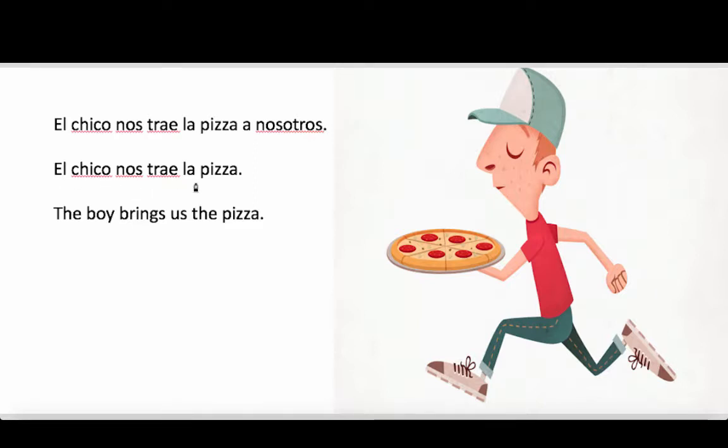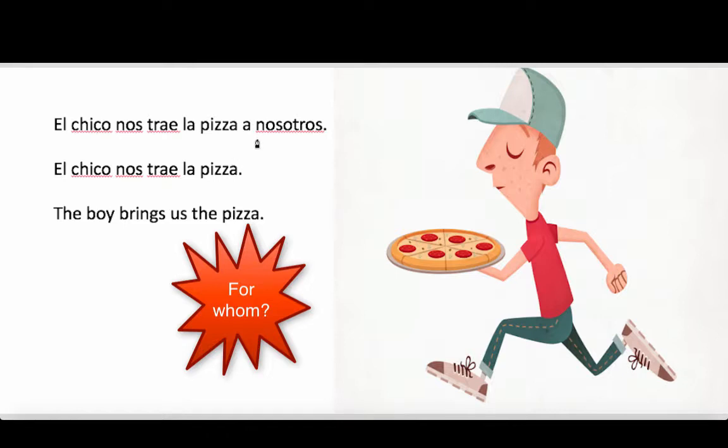El chico nos trae la pizza a nosotros. El chico nos trae la pizza. For whom is the pizza? The pizza is for us, a nosotros. Nosotros is the indirect object. The indirect object pronoun, which is also us, is located in front of the verb right here, nos.